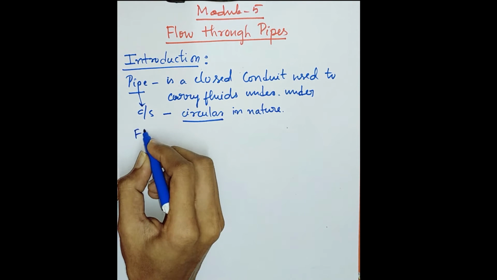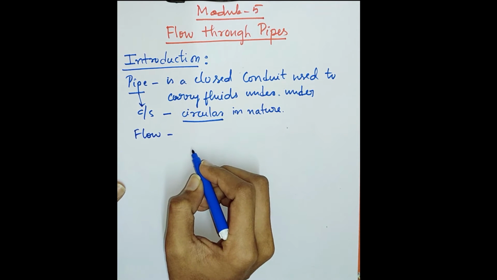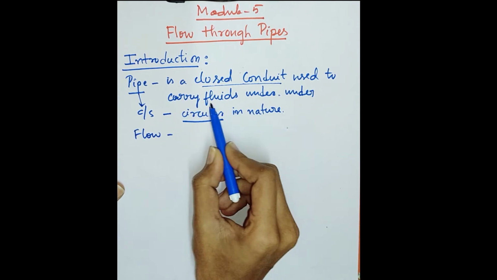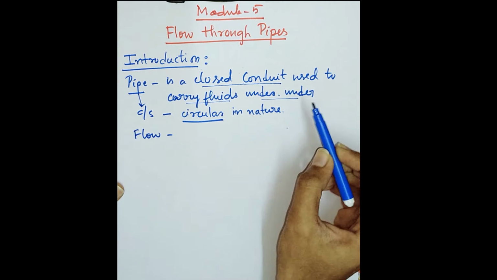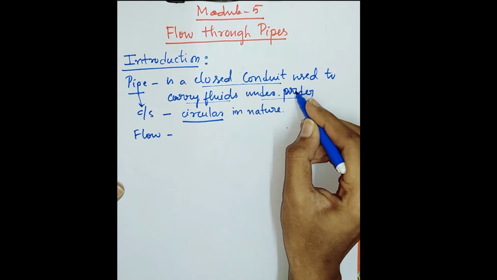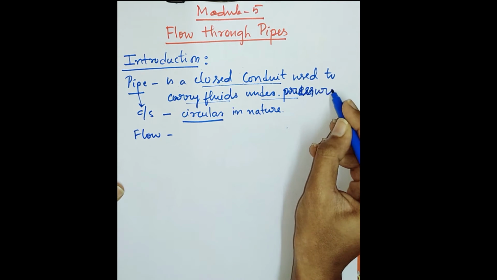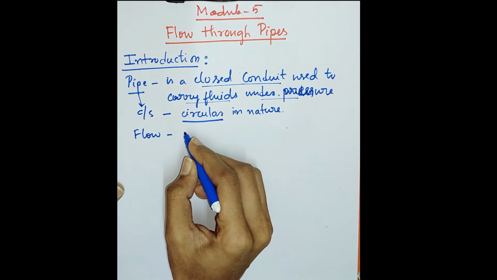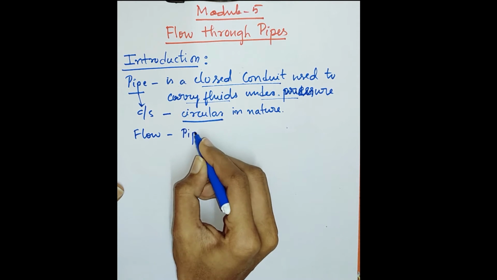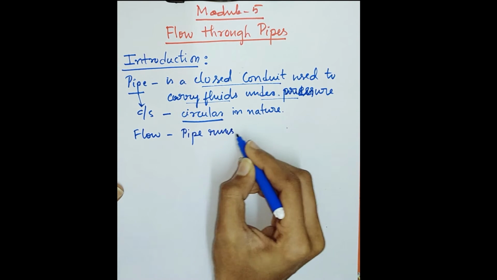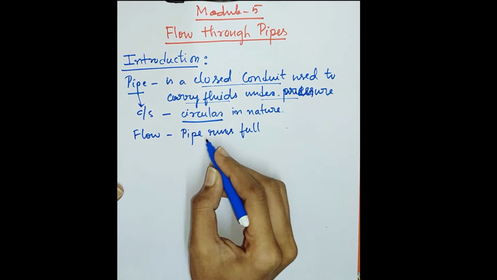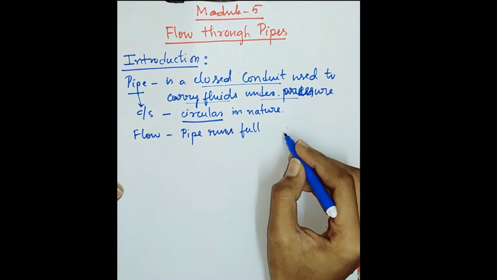And how will the flow occur in these pipes? See, as the definition says, a pipe is a closed conduit which is used to carry fluids under pressure. So the flow inside the pipe will be full, meaning the pipe runs full.